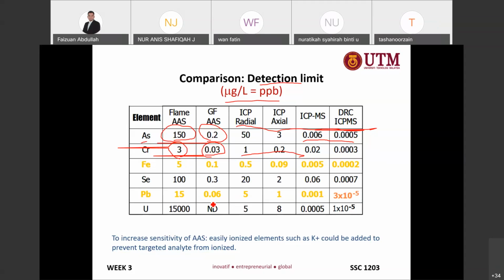So why would we use graphite furnace AAS? Because the detection limit is lower. But here we only need to use flame AAS. Remember, in analysis we also consider this thing. What is this? Cost. From your idea, which one is more expensive, graphite furnace AAS or flame AAS?